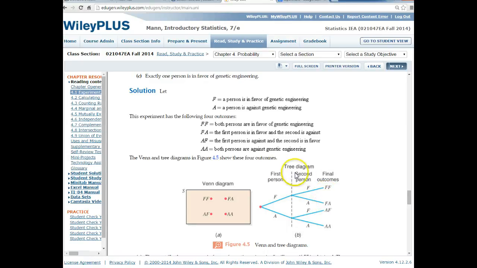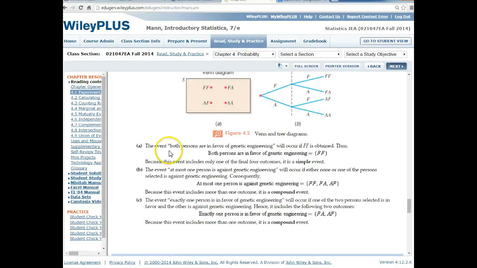We don't even know that, because we don't know the probabilities of F and A, right? So they're very unlikely to be equally likely, right? So we can't use that formula in this setting for this kind of problem. We can do other things, but we can't use that nice, very simple formula, okay?